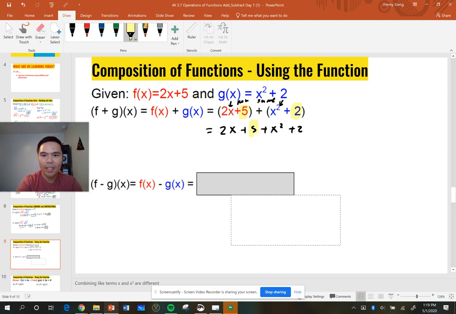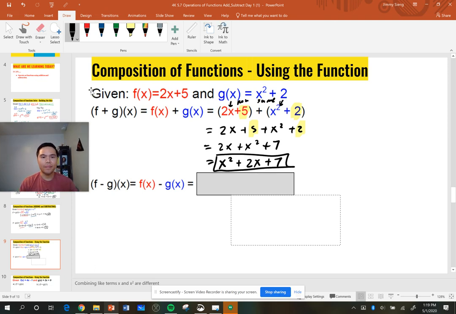I can combine the numbers together. What that should give me is 2x plus x squared plus 7. To be correct, you have to do the highest degree first, and then go down to the numbers, and that's your answer.